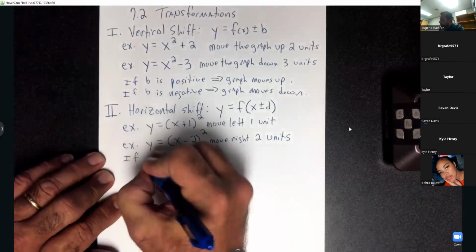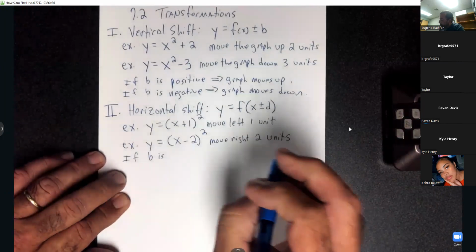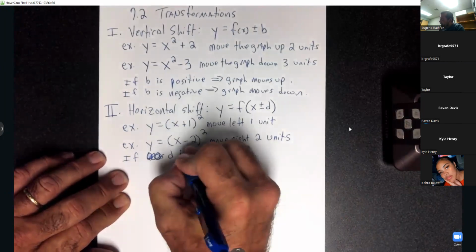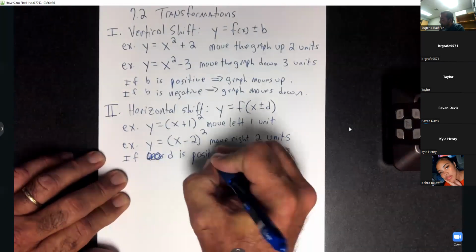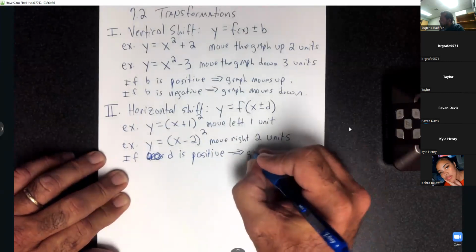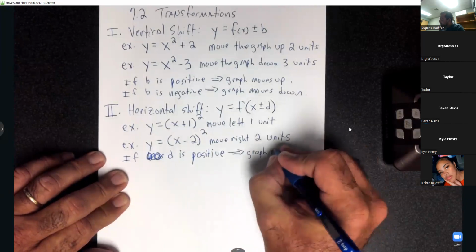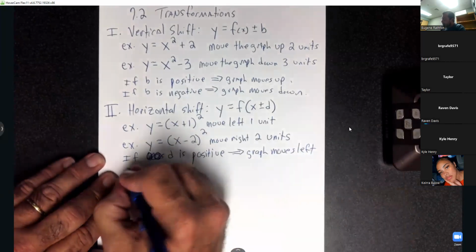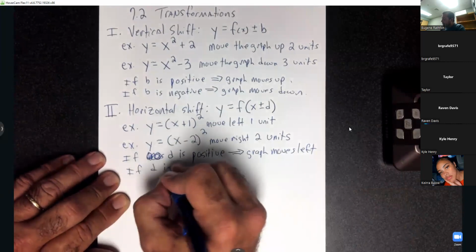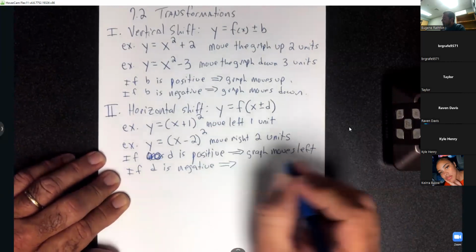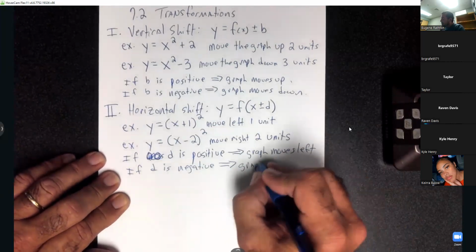So if b is, whoops, I'm using d. If d is positive, then the graph moves left. If d is negative, then the graph moves right.